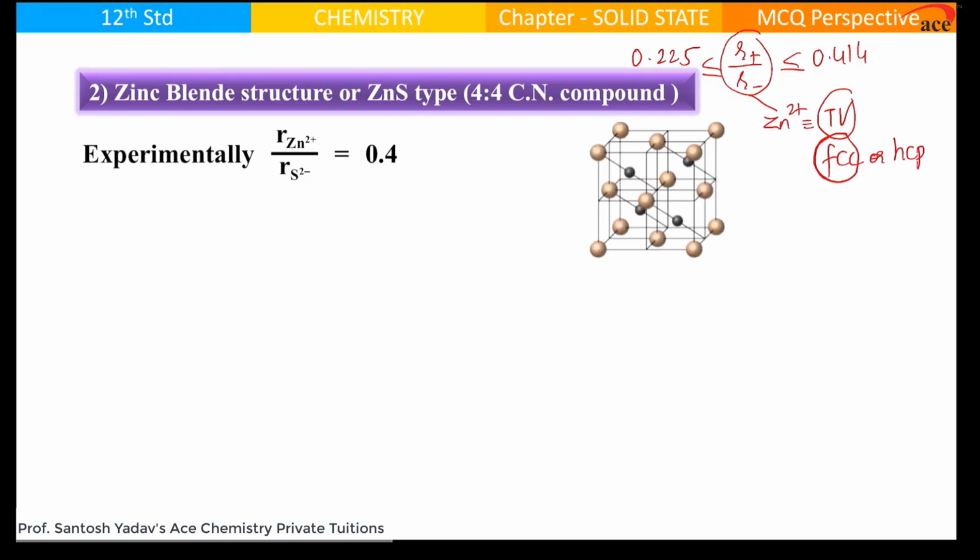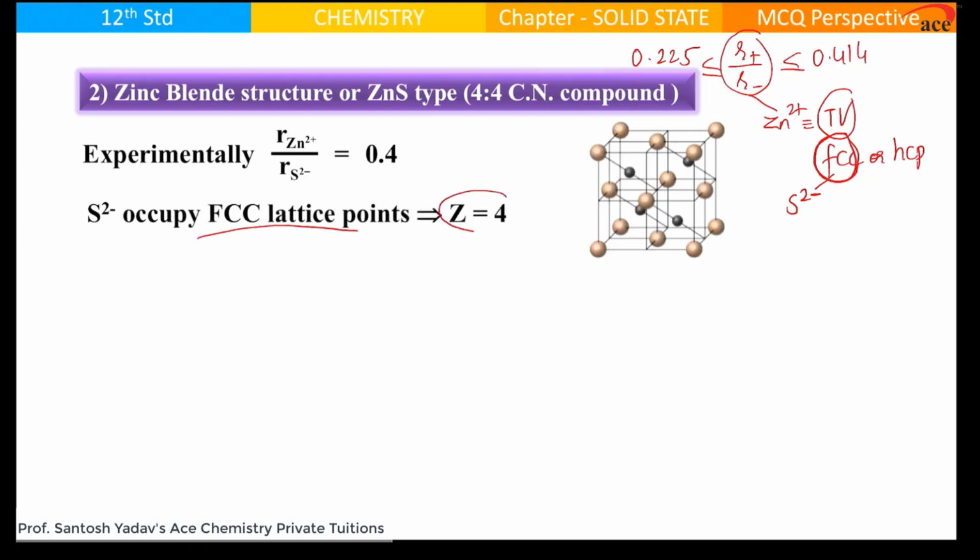That means FCC. That means somebody should be making FCC. Who is that somebody who is making FCC? Sulfide ions. So, remember, who is making FCC is sulfide ions and its rank is 4. When somebody says rank is 4, remember it makes up 8 corners and 6 face centers.